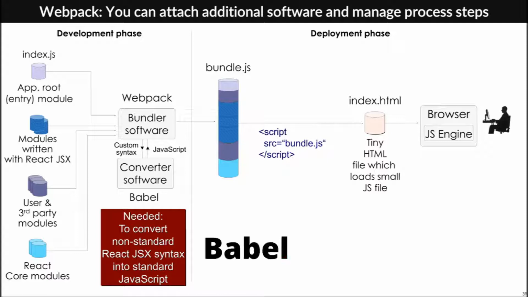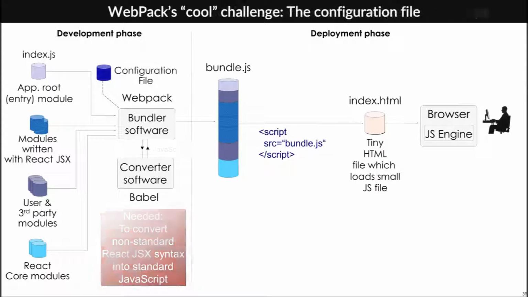And I'm using Babel. Babel is the king by far of the JavaScript conversion products. It takes all the JSX and possibly even ES6 JavaScript and converts it and sends back to Webpack the converted version of the JavaScript, which will then be bundled into bundle.js.